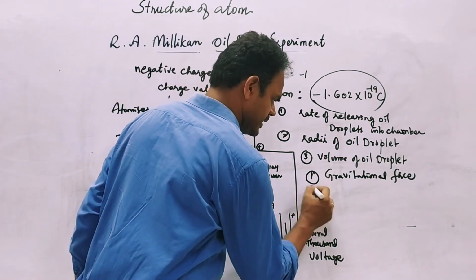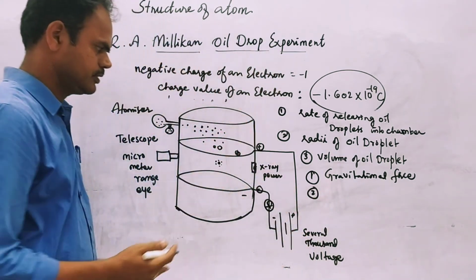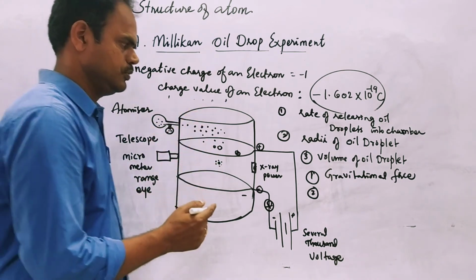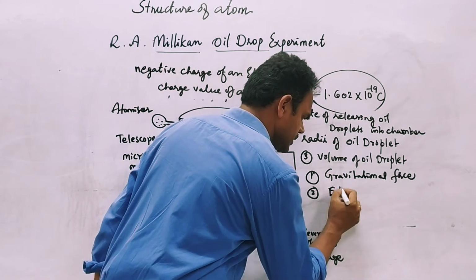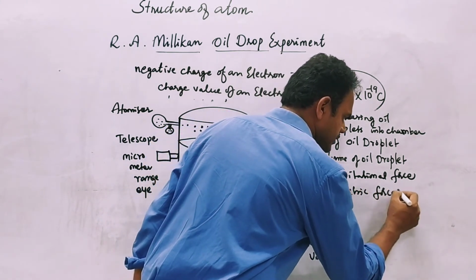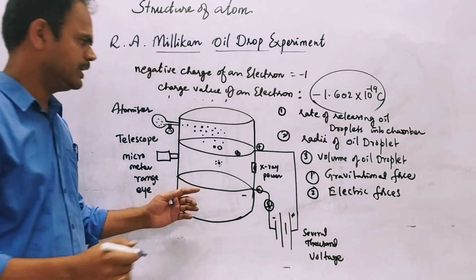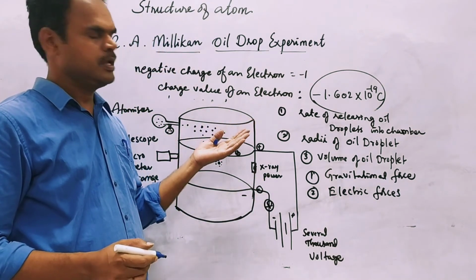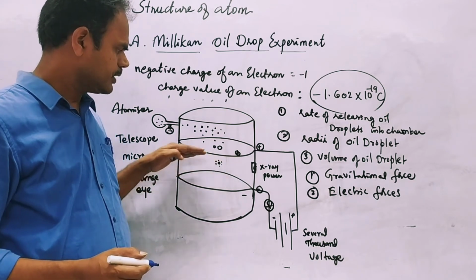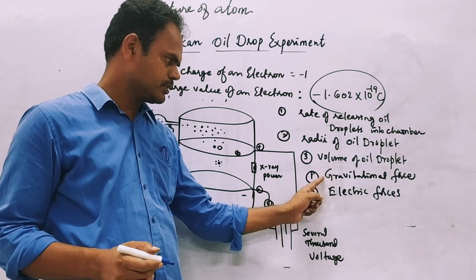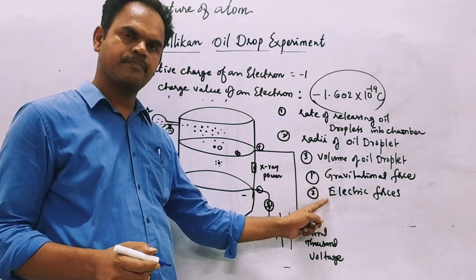If you increase the voltage, the droplets will be lifted up, because electric forces will be acting on the droplets of oil. So here the motion of the oil droplet is regulated by controlling gravitational forces and electric forces.